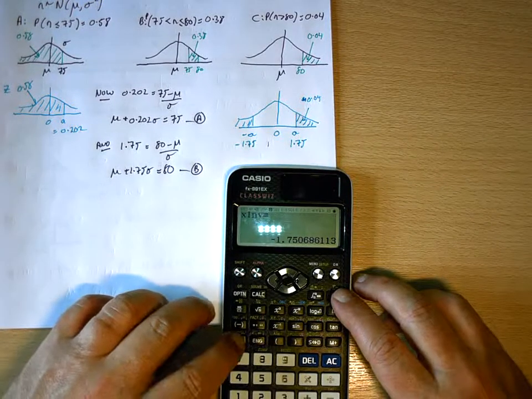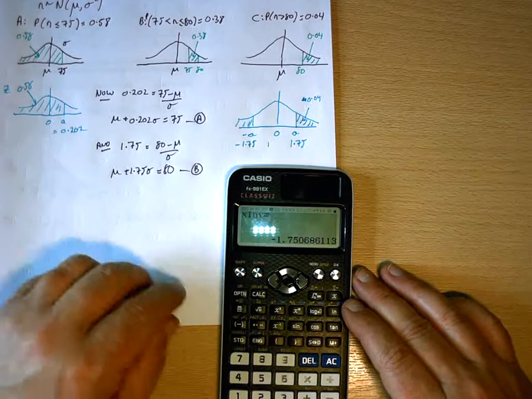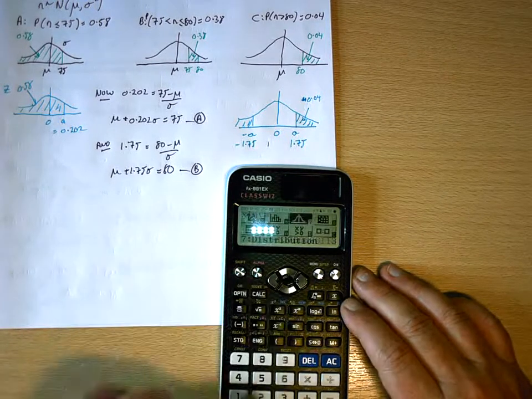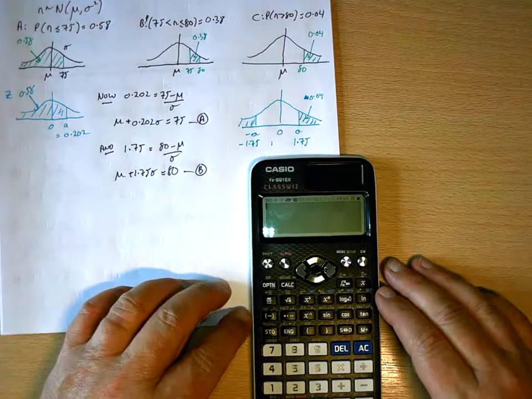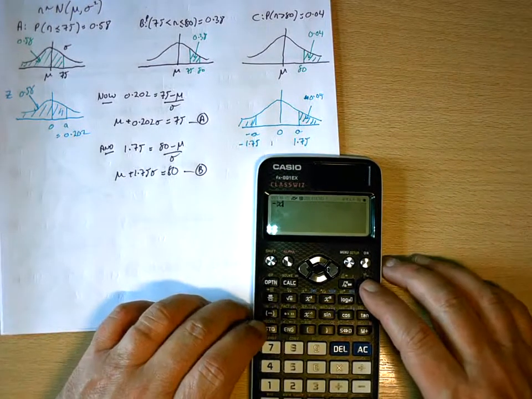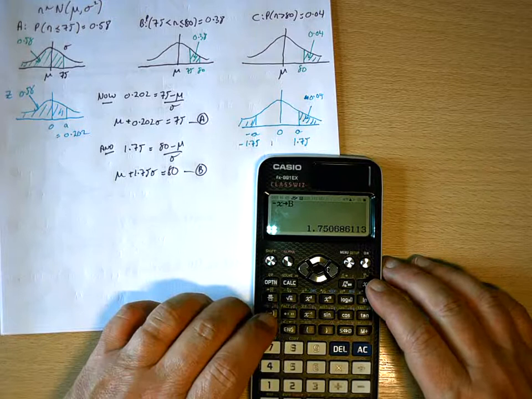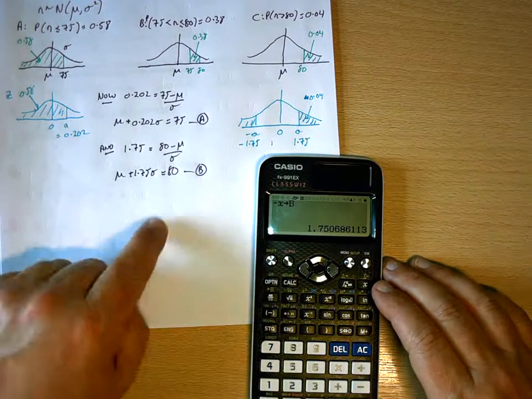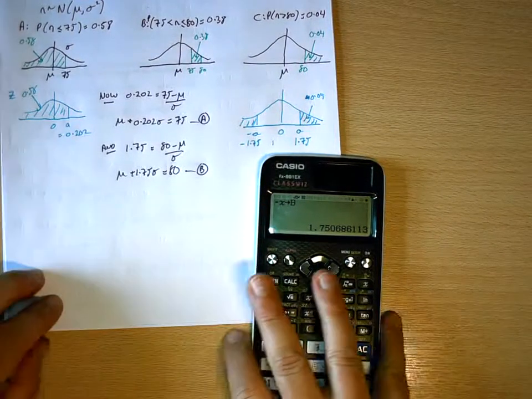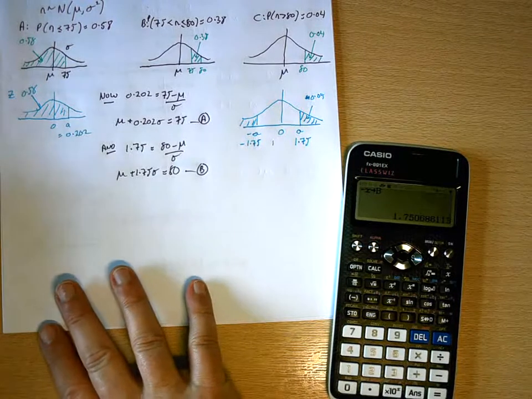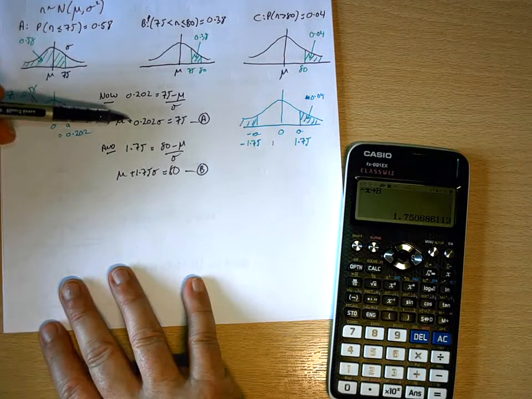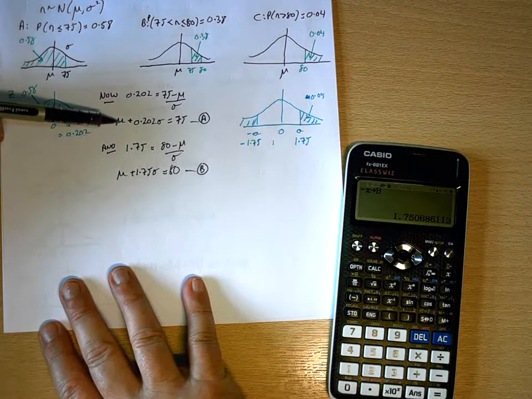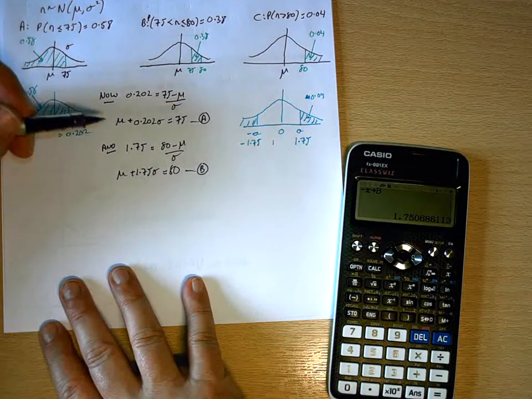So if I store that in x, come into the arithmetic screen and put minus x into b, that means I'm storing the positive value now. So to eliminate mu, I can eliminate by subtracting.